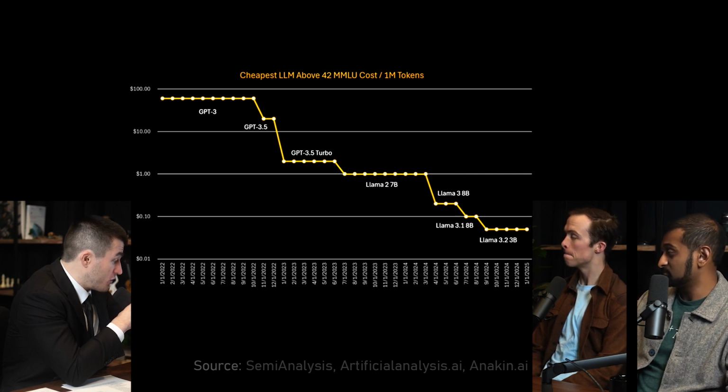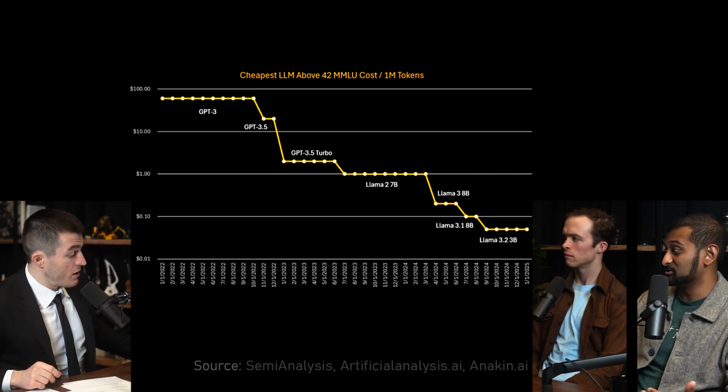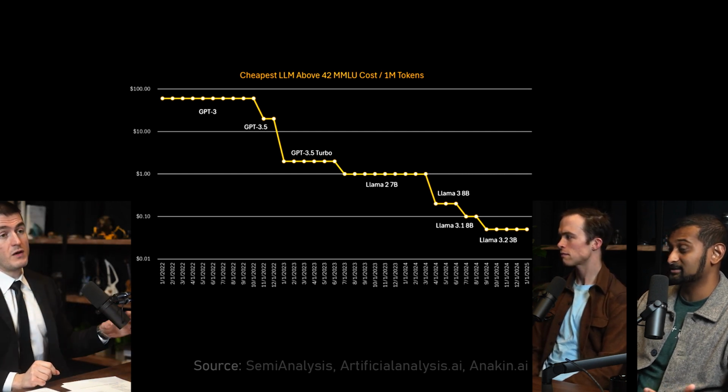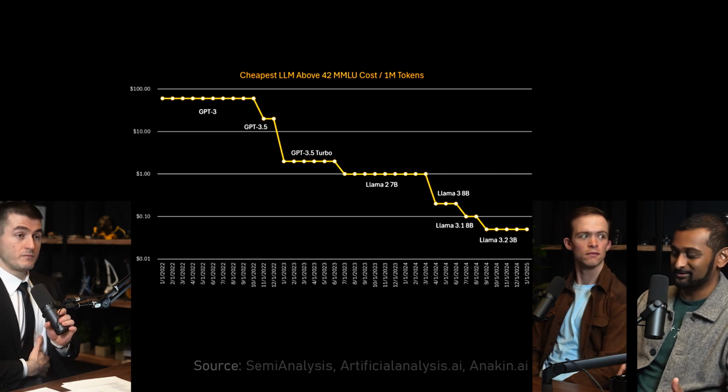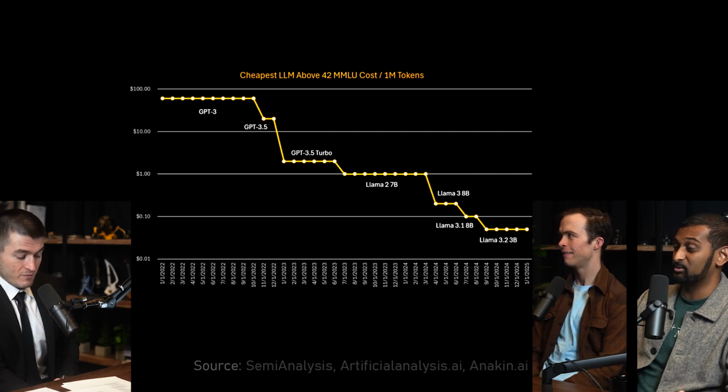Yeah, a million. And so you have just a linear decline on log scale from GPT-3 through 3.5 to Llama. It's like 5 cents or something like that now, right? Which is versus $60, 1,200x. That's not the exact numbers, but it's 1,200x. I remember that number, the humongous cost per intelligence, right?